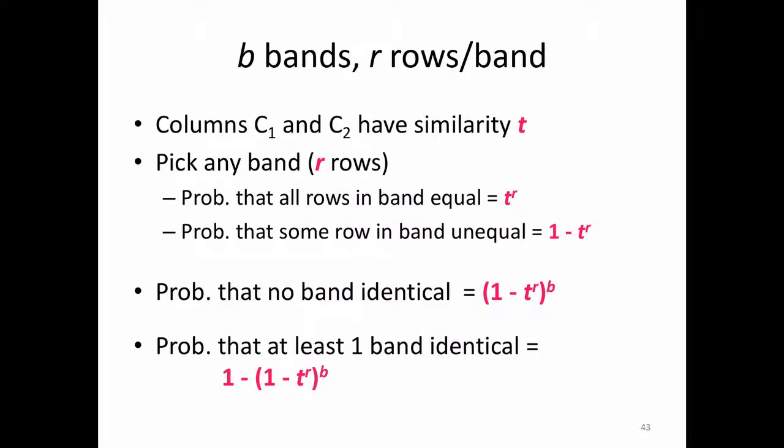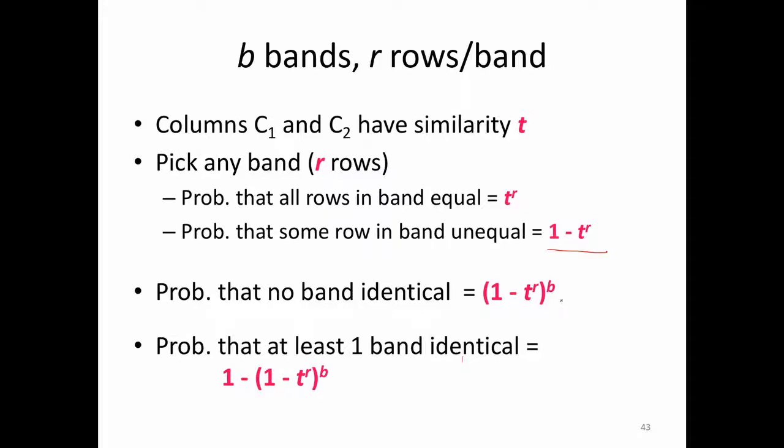Now we have done this calculation already, but let us formally do this. Suppose you have a pair of columns, documents, which have actual similarity of t, where t is between 0 and 1. You pick any band with r rows. The probability that all rows in the band are equal is t to the power r. With 1 minus t to the power r probability, some band is unequal, so they don't fall into the same bucket.